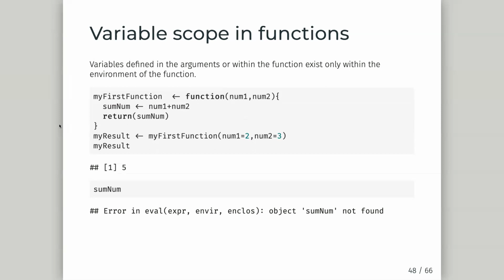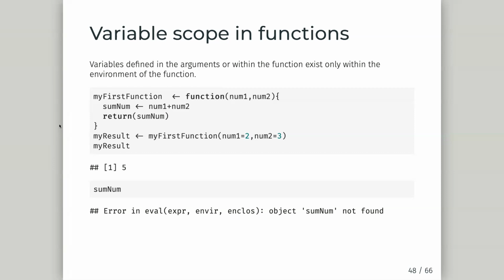So, scope is really like variables defined in an argument or within the function exist only within the environment of the function. So only when this function is running do I have access to this. So here, within this function running, I'm creating something called sum. When I'm returning it, I can run the function, and the result from sum is assigned to here.